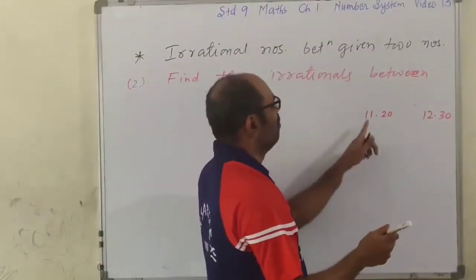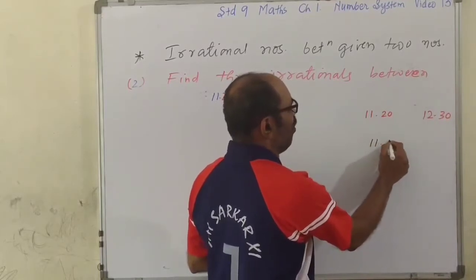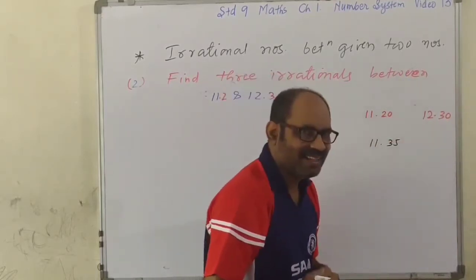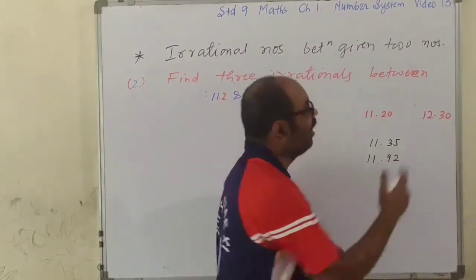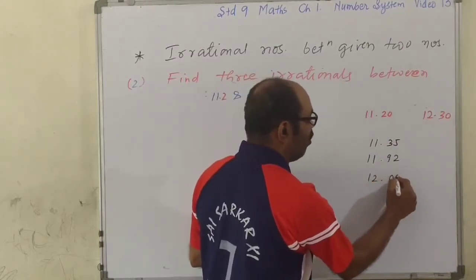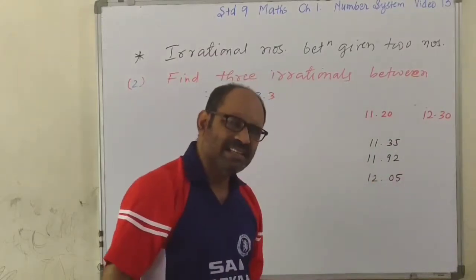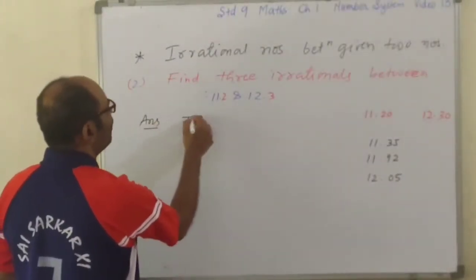Now you choose any three numbers between 11.20 and 12.30. After 11.20, does 11.35 come or not? Does 11.92 come or not? Before 12.30, 12.05. So you can select these three numbers. I'm writing the answer. Any three you can choose.